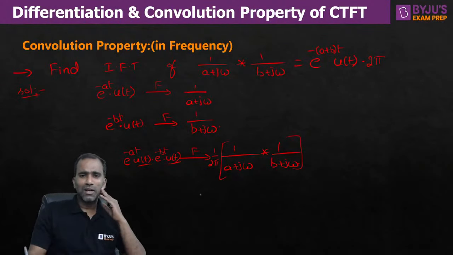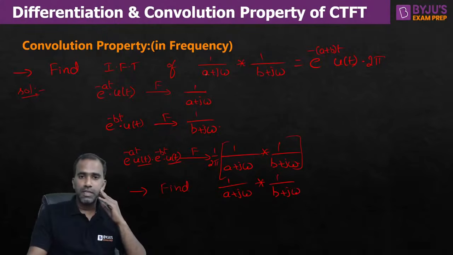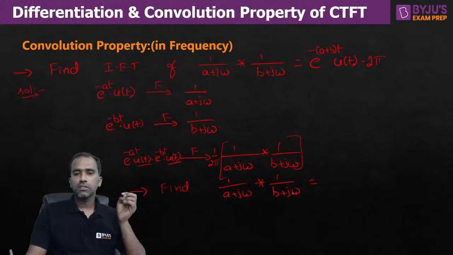Right. There is one more type of question. The same question I'll also ask you like this. Find 1 by a plus j omega convolution with 1 by b plus j omega. Instead of asking you the inverse Fourier transform of this one, I can ask you only to find the result of this. If you want to find the result of this, doing convolution of these two is complicated stuff.